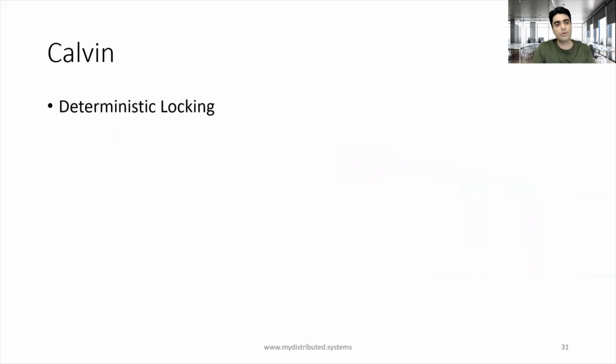Okay, so now let's go to deterministic locking and see what it is that has this nice property of combining together serializability, concurrency, and determinism. So we have a log. This log defines the order of the transactions. For each transaction, we have to know the full read and write sets.